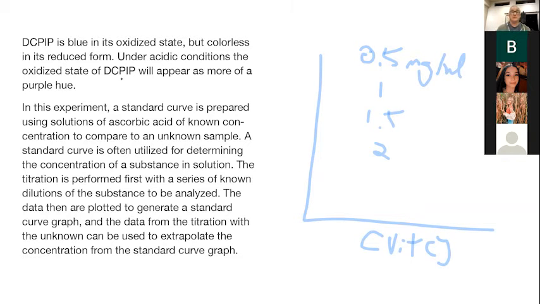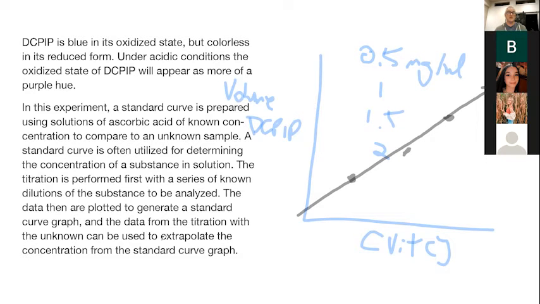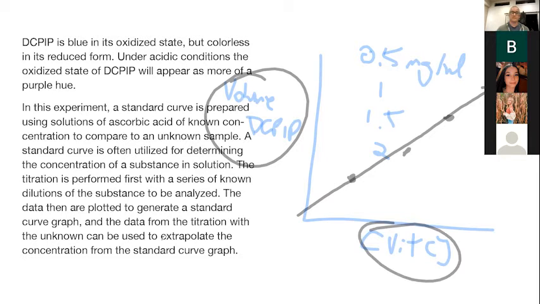Then you're going to plot that against how much volume of DCPIP is required until it turns blue. Then you'll plot those four points, join them up with a straight line, and see what the relationship is between the volume of DCPIP you added and the concentration of vitamin C. Okay.